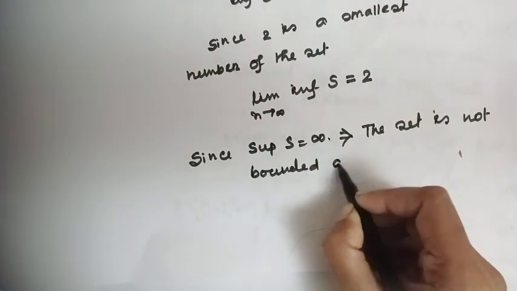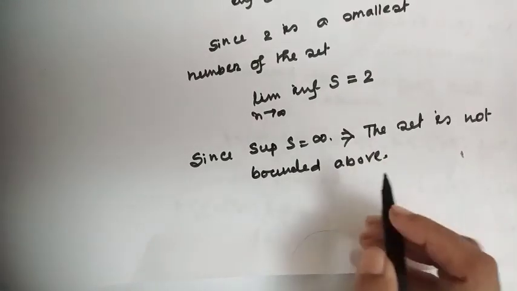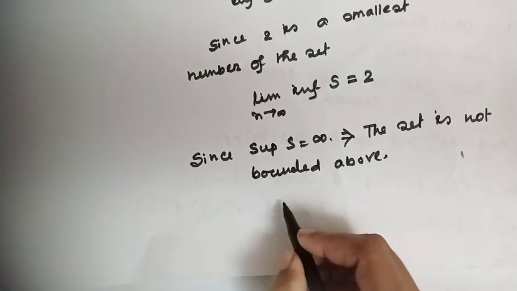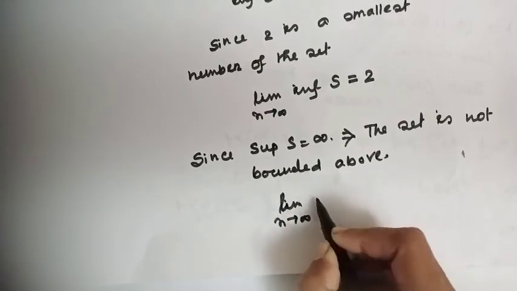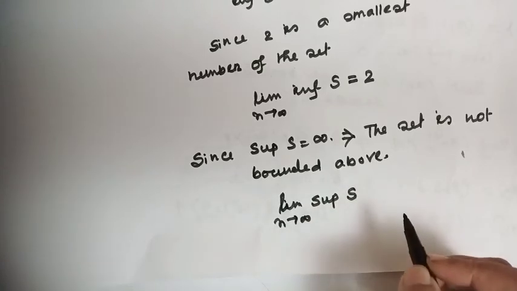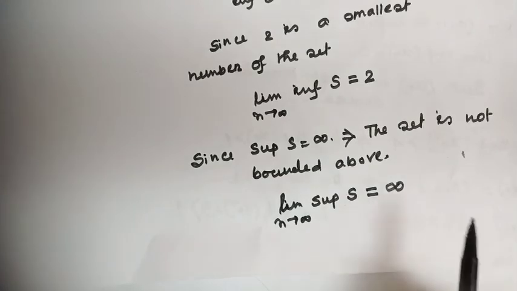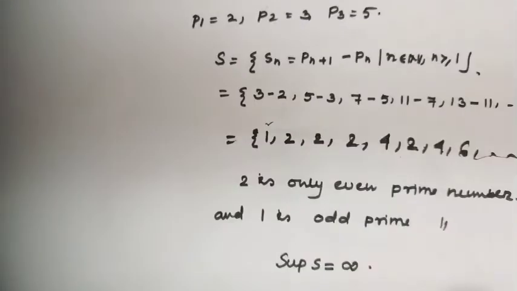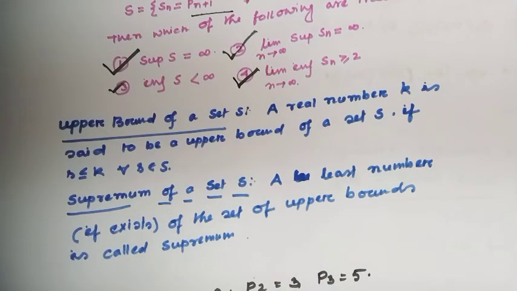That means limit as n tends to infinity, supremum of S cannot be finite. It will always be infinity since the set is not bounded. So, option 2 is also the right option.